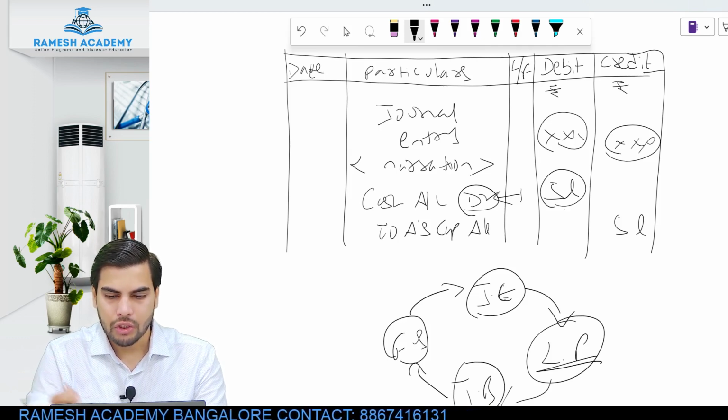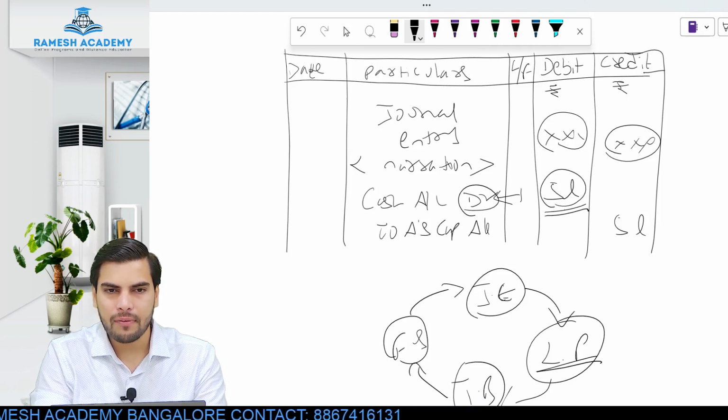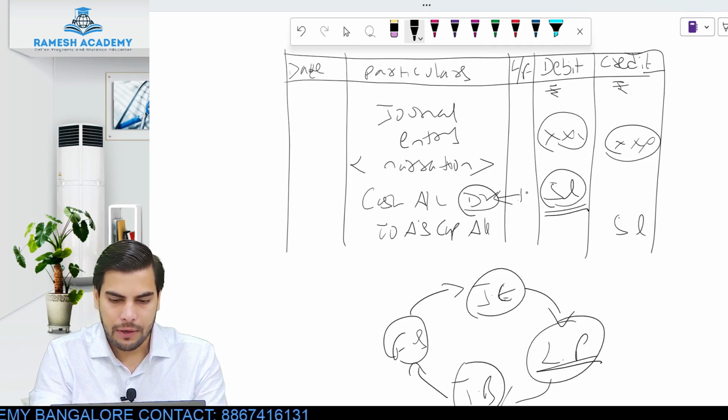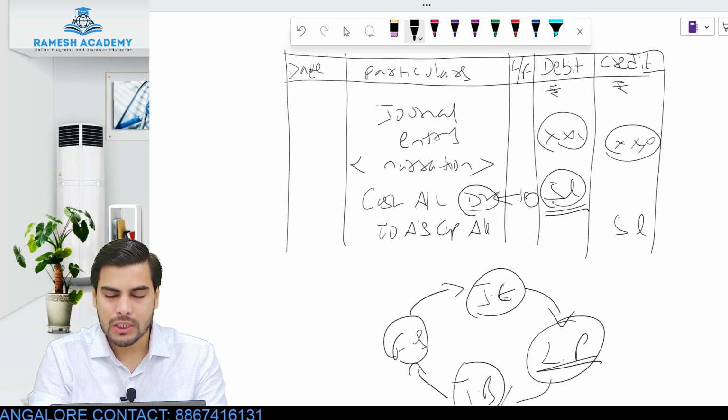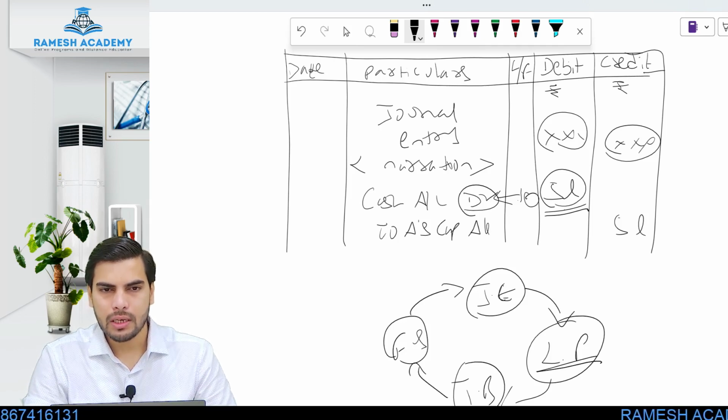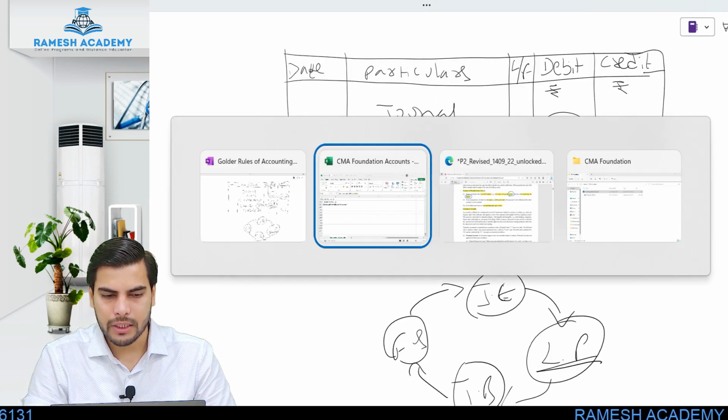If I want to search this 5 lakh rupees in the cash ledger, I just have to look into the first page. If I mention 10 over here, this 5 lakh rupees will be appearing on the 10th page of the cash ledger. Simple. Hope everybody understood this. So, clear about the meaning of the term narration and all?